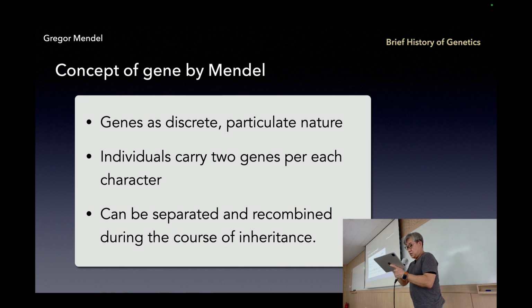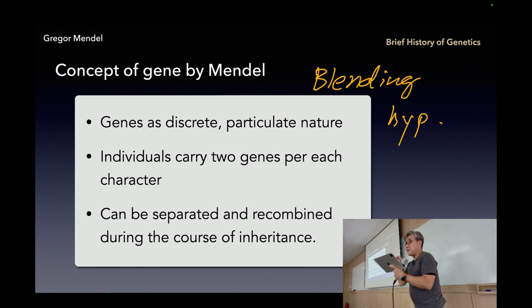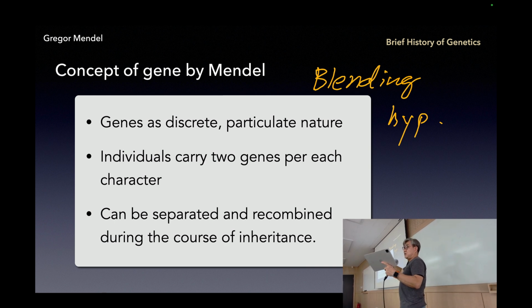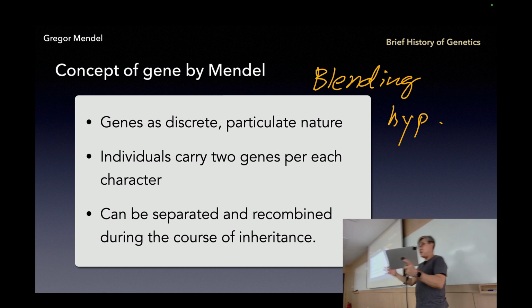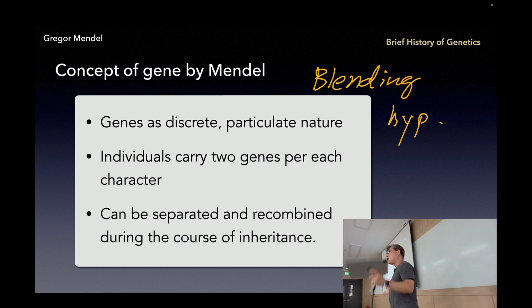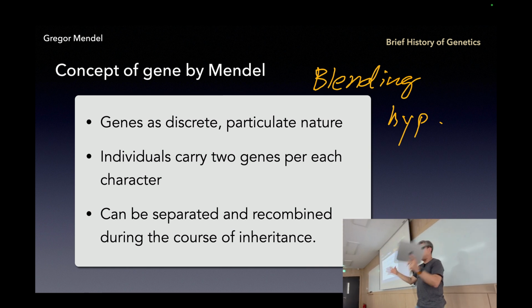Yeah, but here, let me just clarify the basic framework of Mendel's principle of genetics first. Okay? So those are called blending hypotheses. Those were the leading idea about genes at the time. Blending hypothesis is just like liquid. You mix these two different colors of liquid and then you get some halfway color.